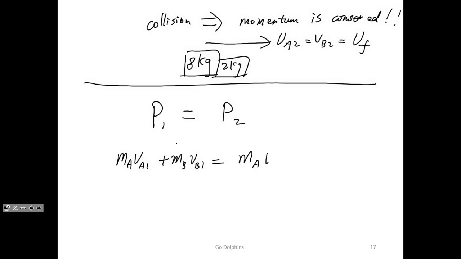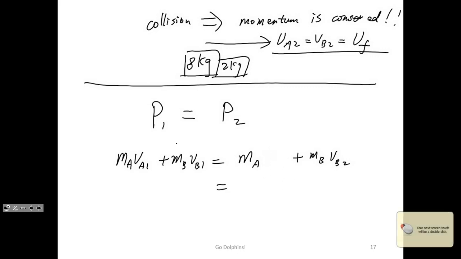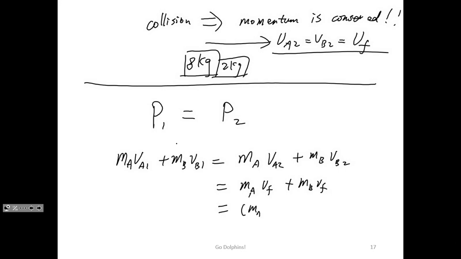Final momentum MA VA2 plus MB VB2, but VA2 and VB2 both equal VF. So it's MA VF plus MB VF, so it's MA plus MB times VF.